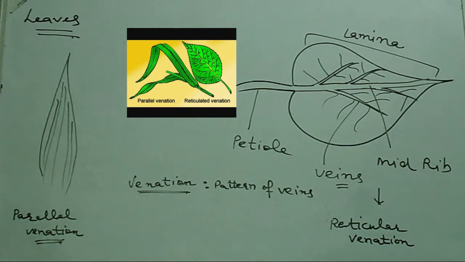All the flowering plants have reticular venation. But if you see a grass leaf, there is parallel venation. And so many other plants are there whose leaves are similar to grass, but they are broader and bigger in size than grass. So their venation is parallel.